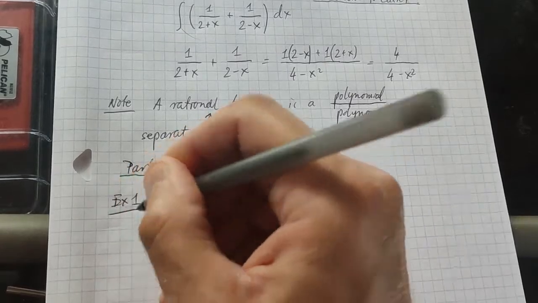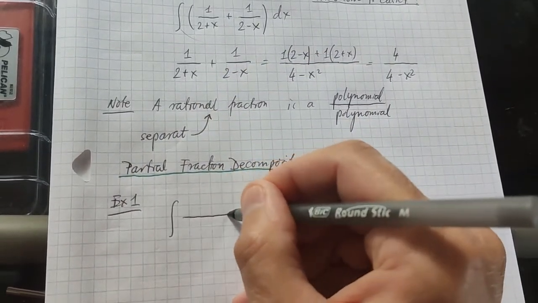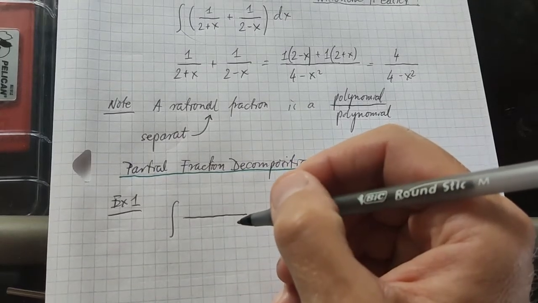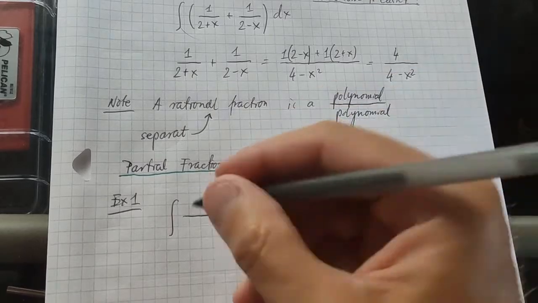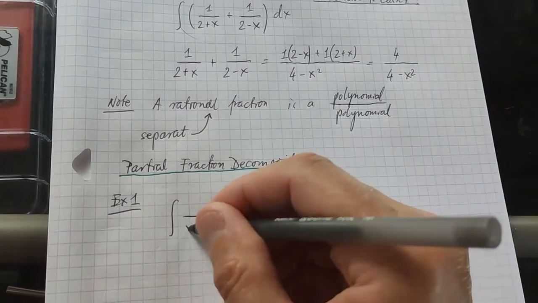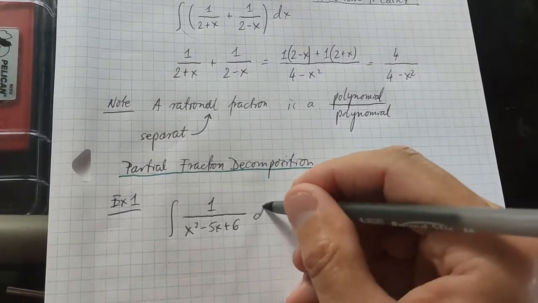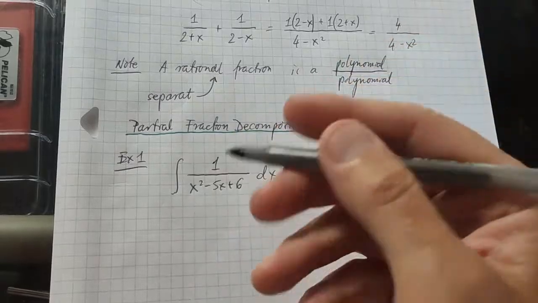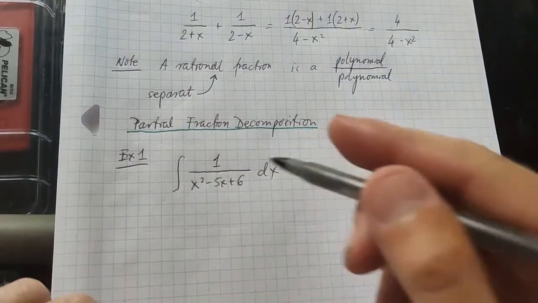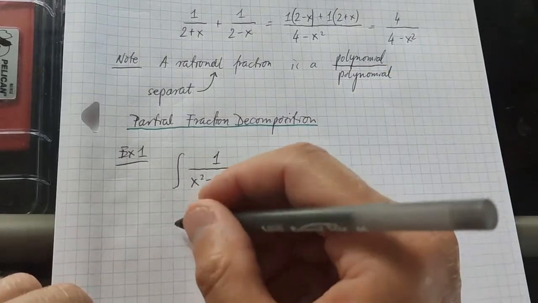Example 1: the integral of 1 over x squared minus 5x plus 6 dx. Our job here is to compute this integral, and we'll be doing this by this method.